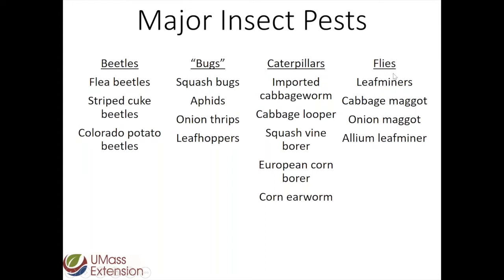The adult flies are almost never causing damage that I could think of, except maybe allium leaf miner, where the adult fly lays an egg and makes a wound in the plant that's noticeable. But really, we're talking about flies like leaf miners or cabbage maggot, where the larvae are doing the damage.